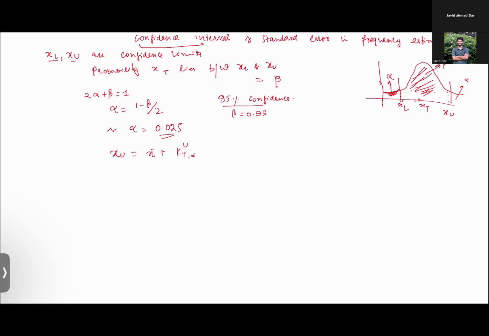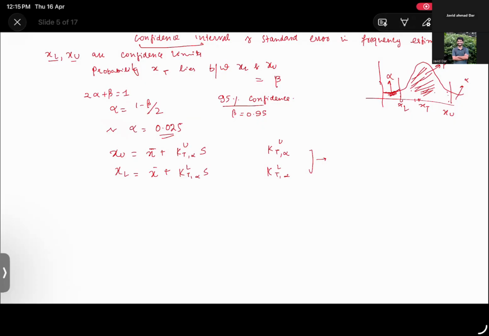So the frequency factor is going to change. Mean and standard deviation will remain the same for the data set. So this K(T, alpha) for upper and lower are estimated using the t distribution, in case your x follows the normal distribution.